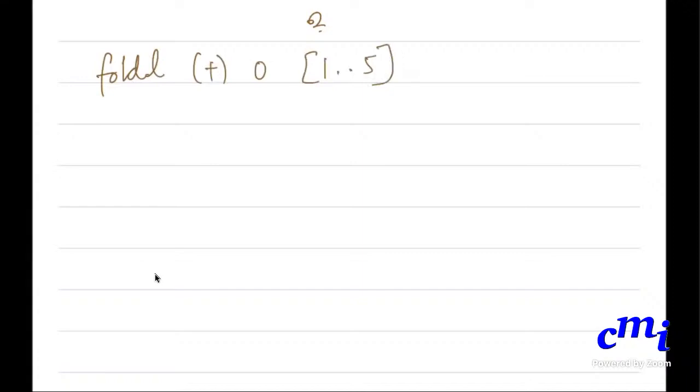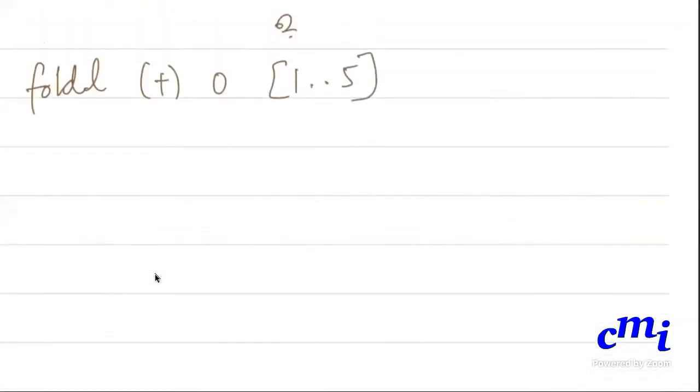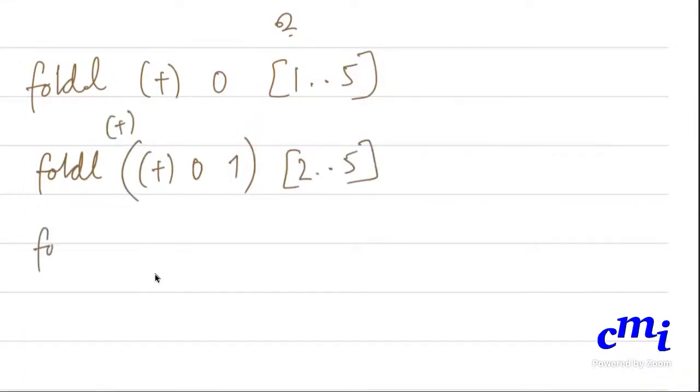What will happen is that this will be nothing but fold L of plus applied to 0 and 1, and then 2 to 5. Plus is the function, and then you'll have to combine this expression with 2. Instead of writing it in prefix, I'll write it as infix because it will be easier to read.